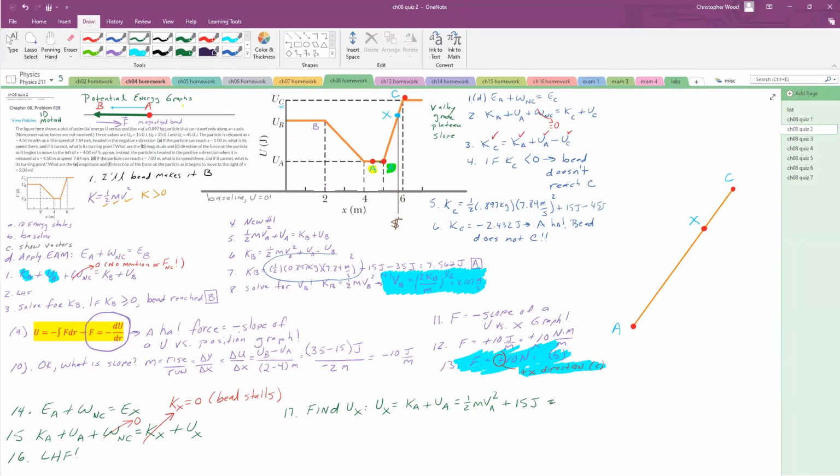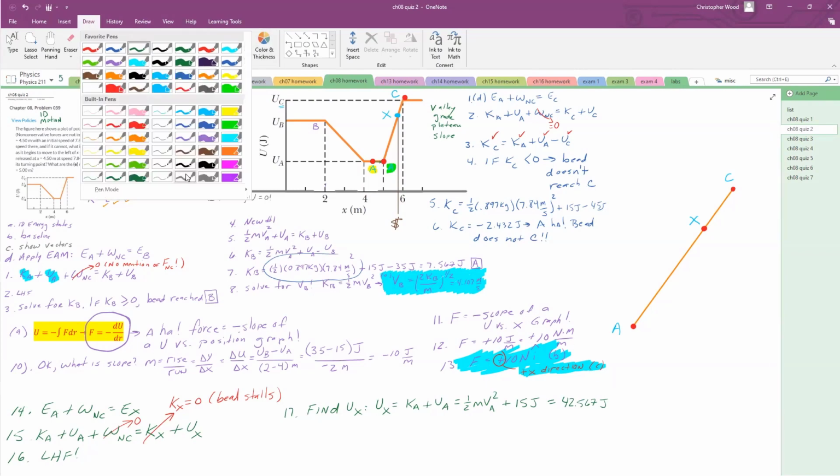U sub x is 42 and some change. I have this much potential energy, 42.567 joules. All right, so that's great. I know U sub x. So now I can figure out where this particle ran out of gas.